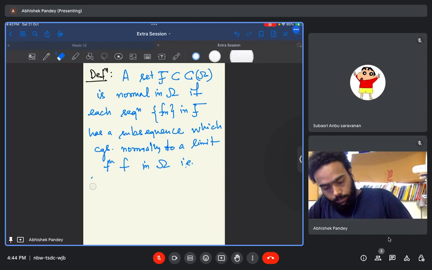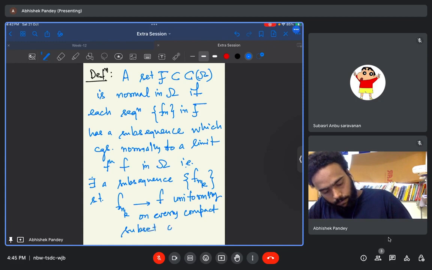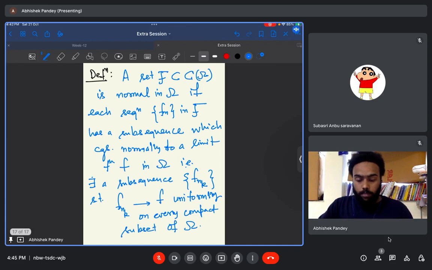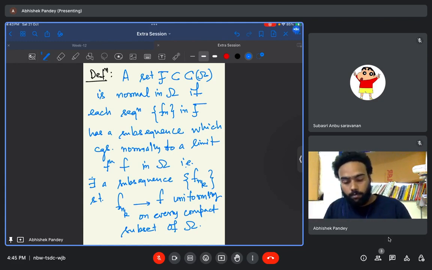That is, there exists a subsequence f n k such that f n k converges to some limit function f uniformly on every compact subset of omega. This is known as a set being normal. So a set is said to be normal if each sequence in F has a subsequence which is convergent in this metric rho, that is, which converges normally, which means it converges uniformly on every compact subset of omega.